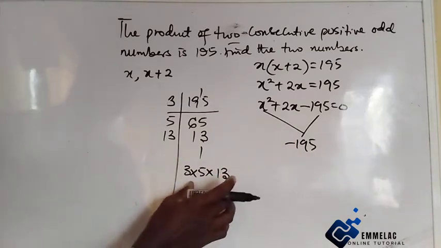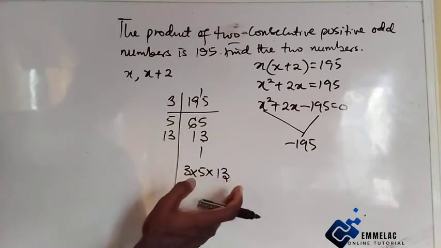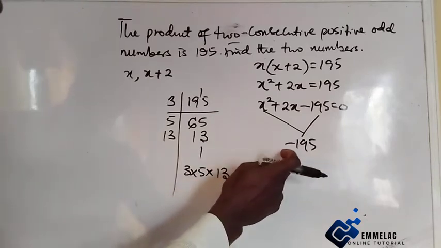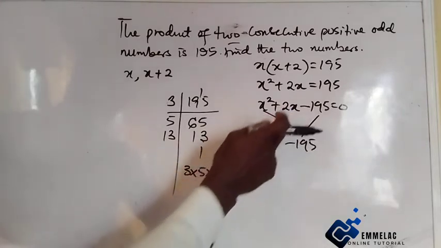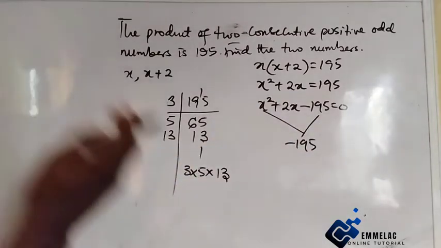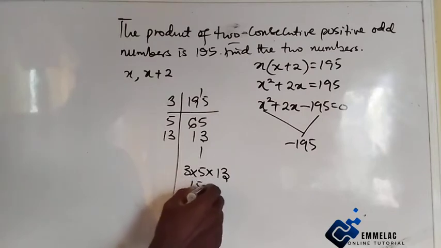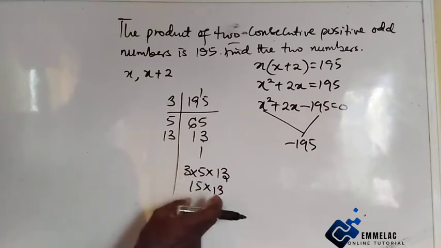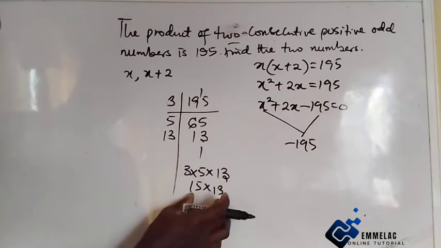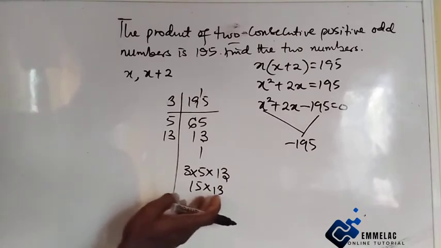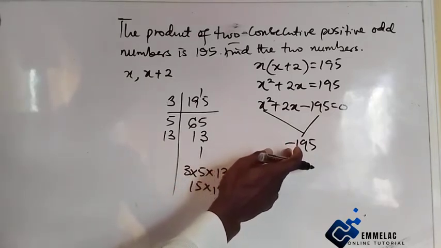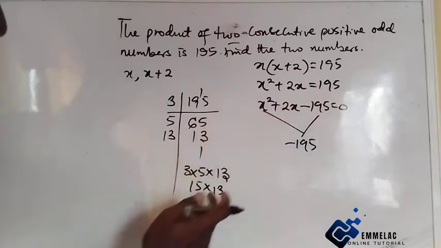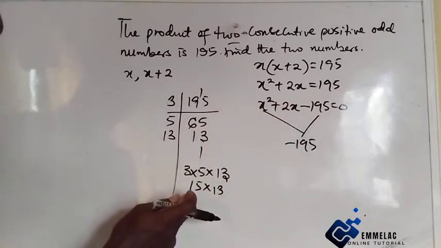But how do we place our positive and negative signs to ensure that we are giving minus 195 and the sum of these will give us 2? Let's say 15 times 13. Since here we are having a negative sign and here we are having a positive sign, the greater number has the positive sign.